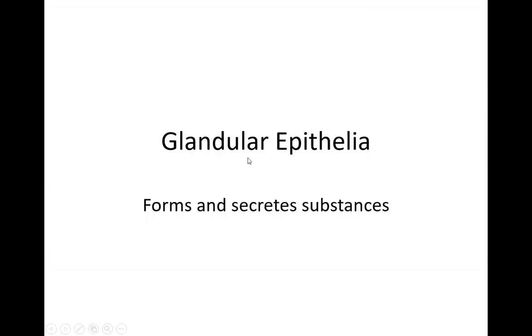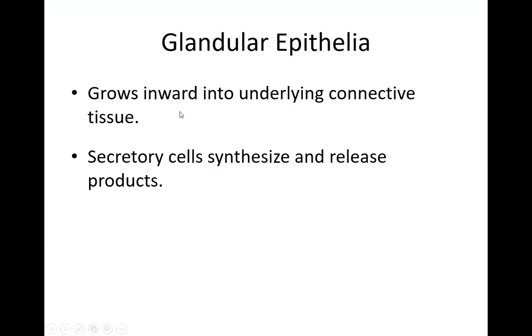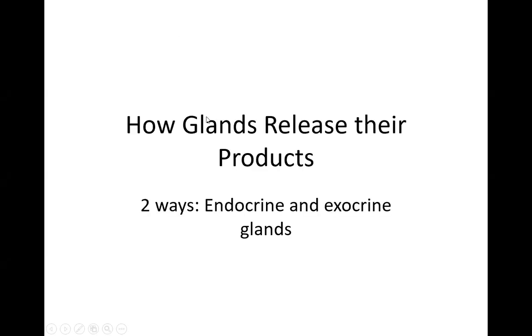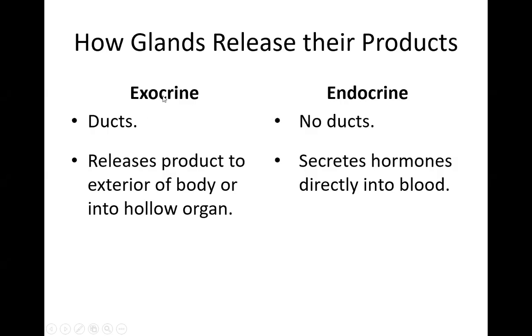Now, glandular epithelia. We know that the tissue specialized in secreting substances is your epithelial tissue. It grows inward into the underlying connective tissue, and the secretory cells synthesize and release the products. The classification of the glands is based on how they release their products and their shape. Some glands are exocrine.